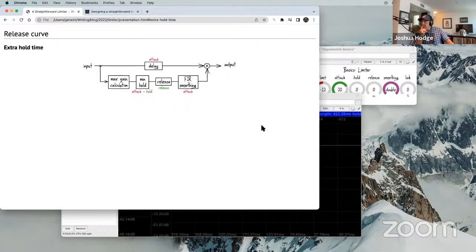There's another question asking, is there a way that you could simply turn this into an expander?